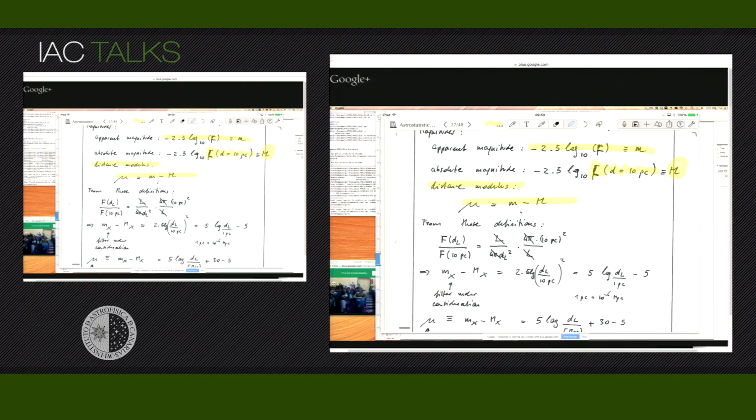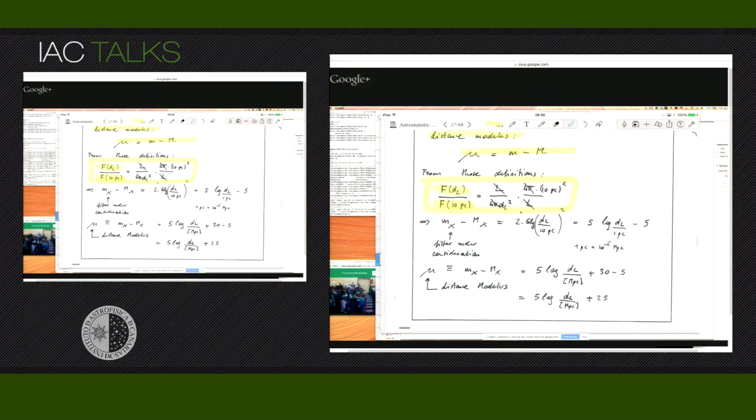And from these definitions, you can just work out the ratio of the fluxes: the flux you get from an object at luminosity distance dl, compared to the flux you would get from the same object at 10 parsecs.